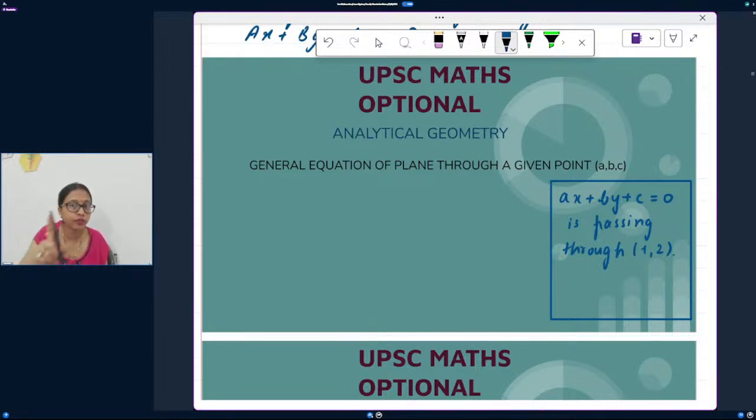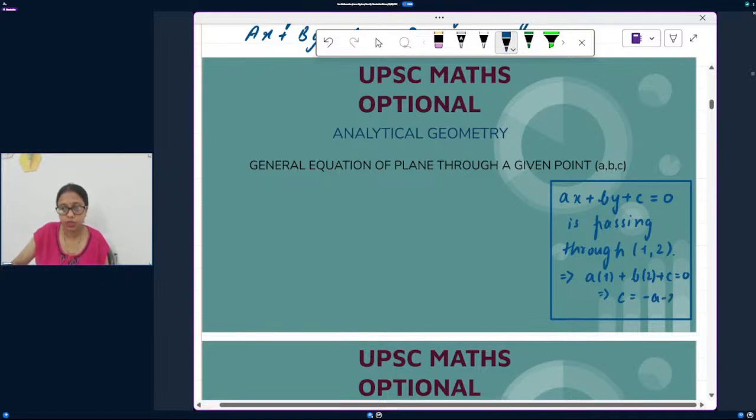I can get rid of either a or b or c, whatever you want. So a times 1 plus b times 2 plus c is equals to 0, which implies c is equals to minus a minus 2b. Therefore, line becomes ax plus by minus a minus 2b is equals to 0.